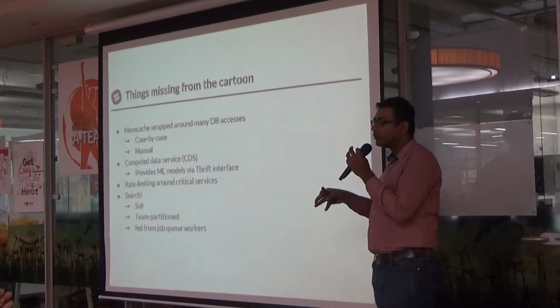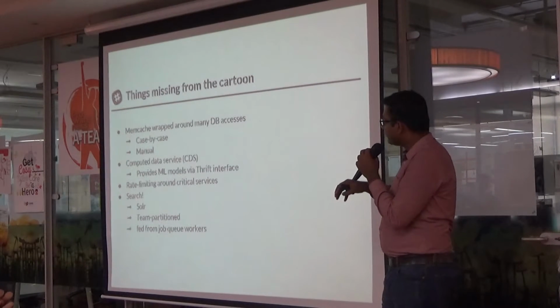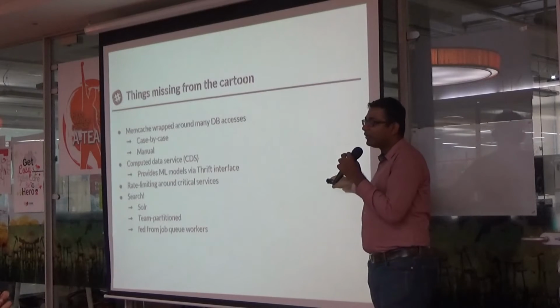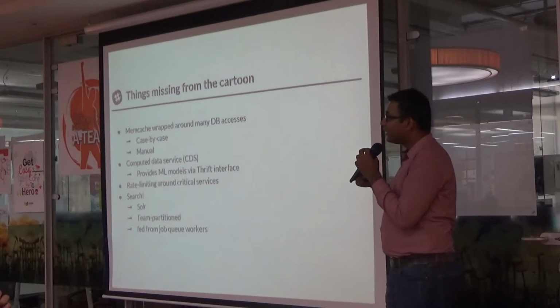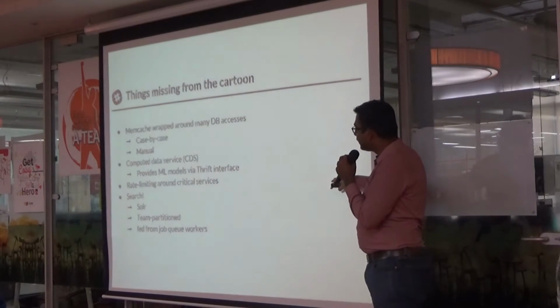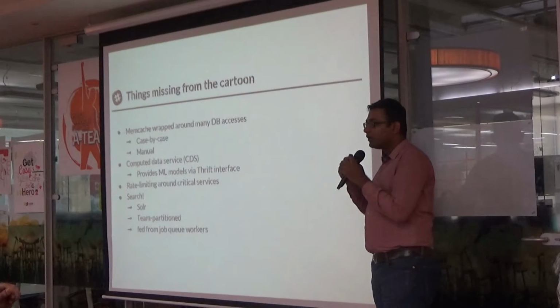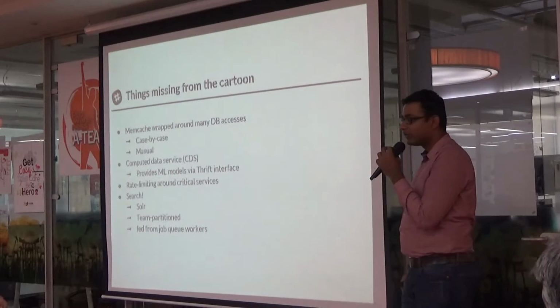There is a particular MySQL machine for a particular team that can break. So they do rate limiting. They know what rate each of these components can handle, and if the rate is approaching that level of critical load, they start shedding load. They will start showing you a warning that we cannot service this.